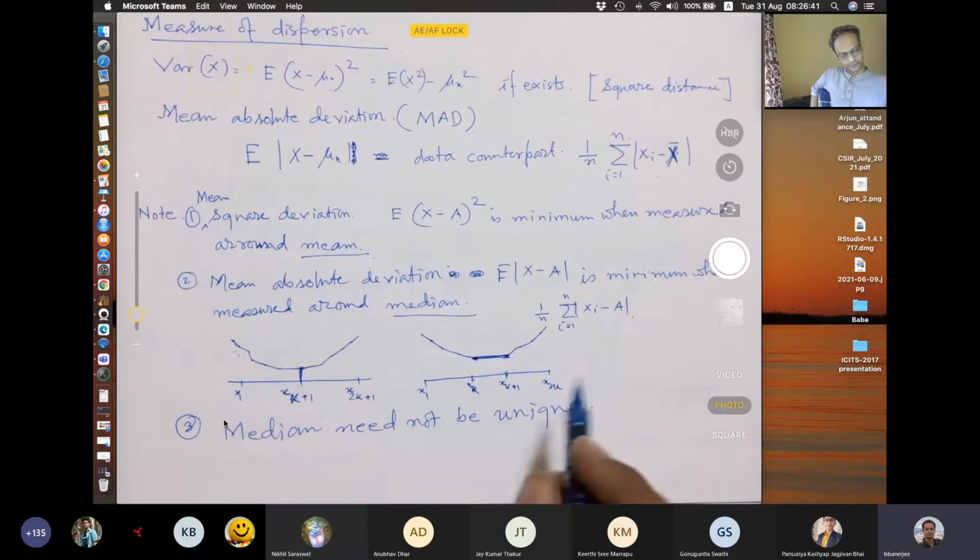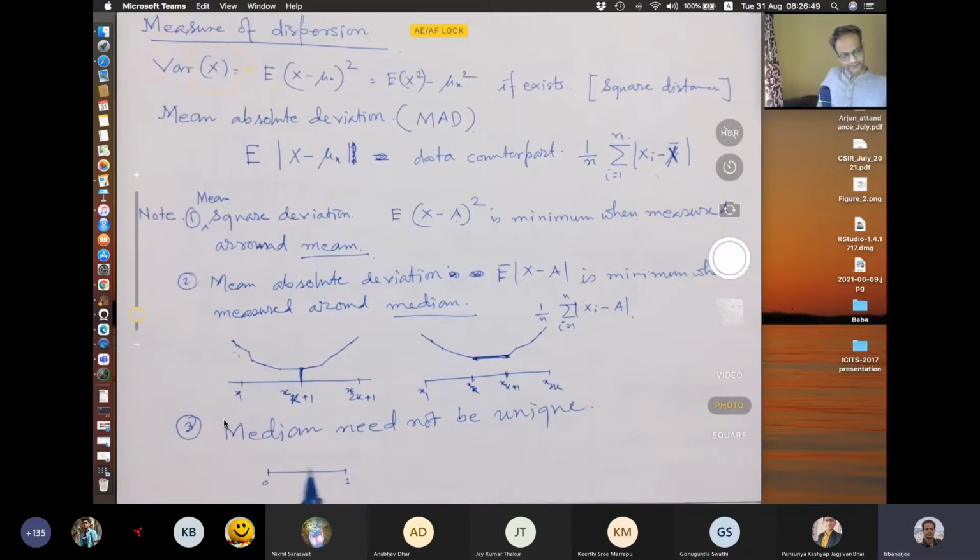Say, for example, if you draw 5 samples from 0 to 1, what will be the distance between any 2 points?